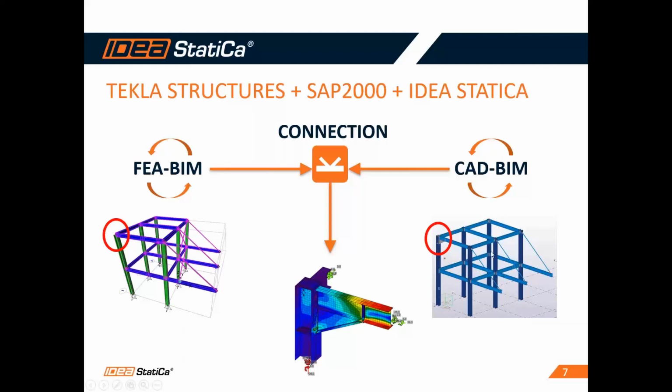It means a model created completely in Tekla with a global analysis model from SAP 2000. And you will see how we can do it very quickly, and then we can check the connection in IDEA StatiCa.